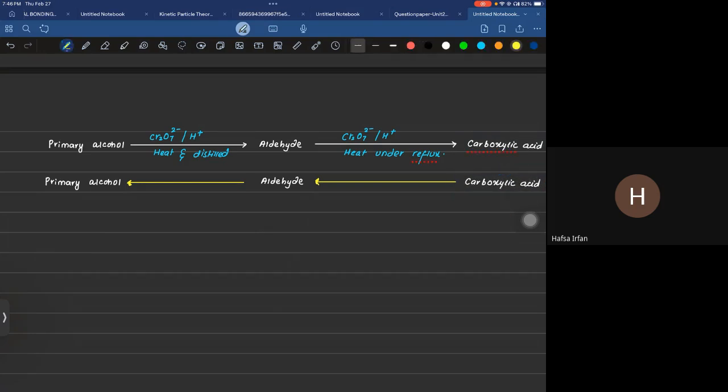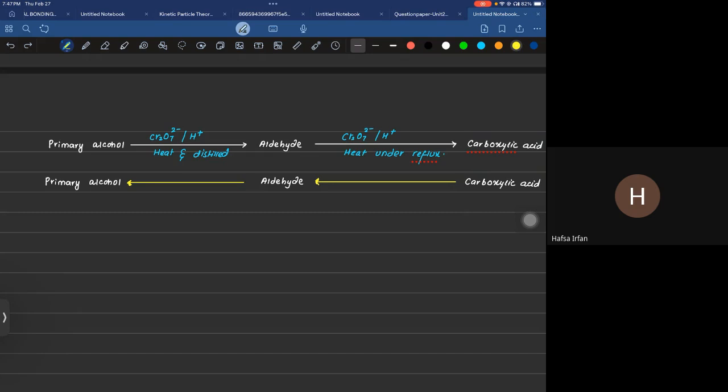So this would be called reduction. तो अगर आप carboxylic acid को reduce करेंगे, you would be getting aldehyde. And if you reduce aldehyde to primary alcohol, you can use any of the reducing agents.